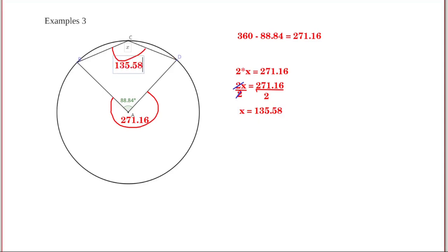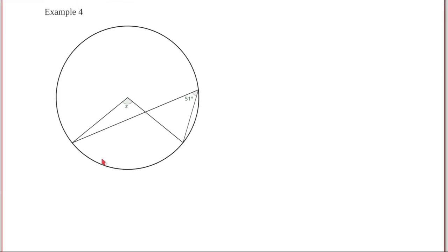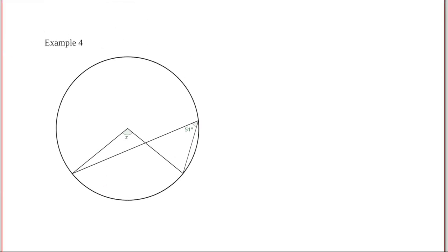And then next example, so this one here. Let's try to identify the angles here. This is the angle at the center. This one here, angle at the center. This one here, angle on the circumference.